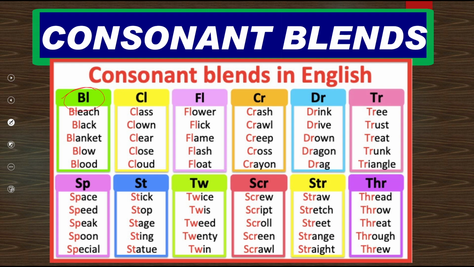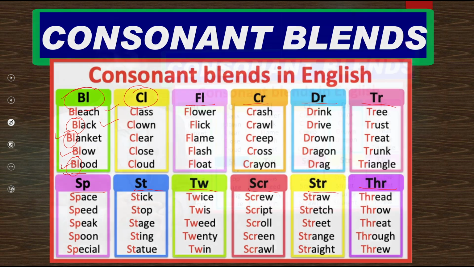BL, CL, FL, all these blends are mostly found in English language words. You can read the words that are given below and you will pronounce each of these consonants. For example, the words black, blanket, blow, blood, we can clearly see that we are pronouncing the B and L sound and we are saying each sound separately.